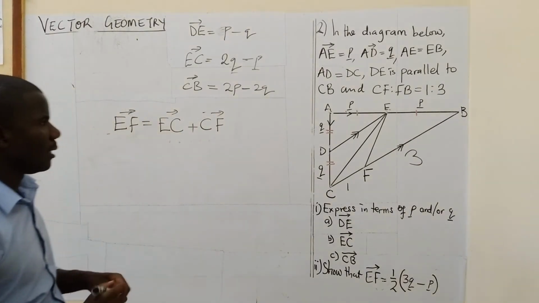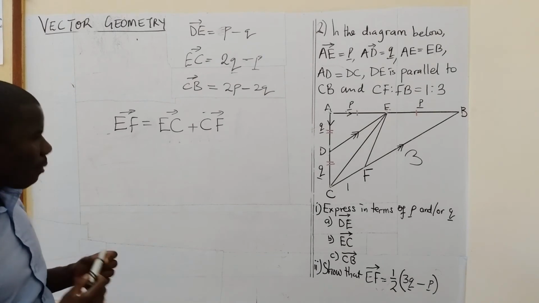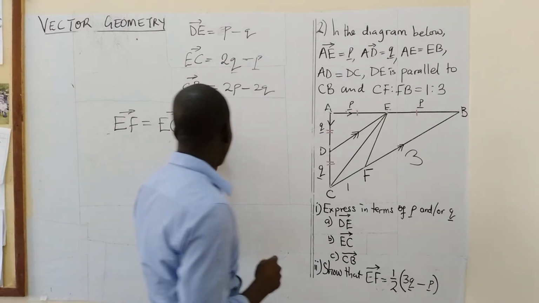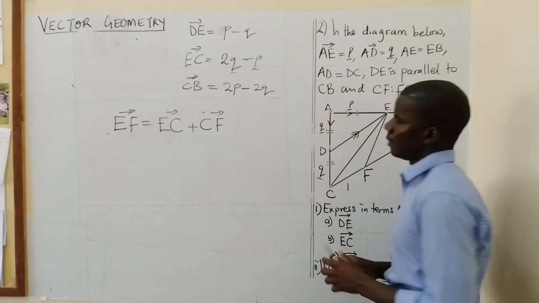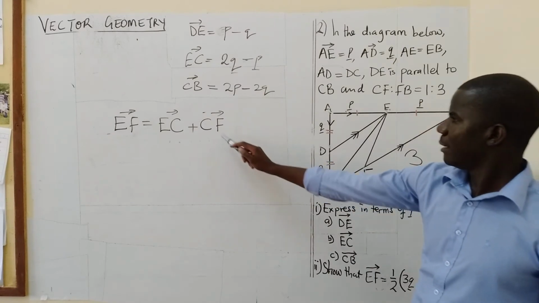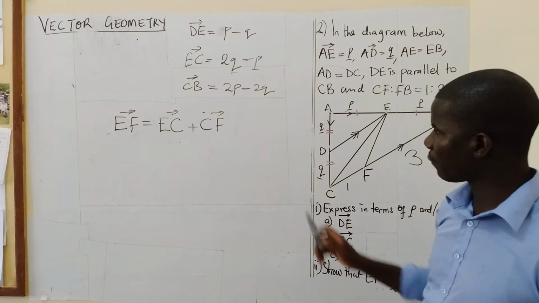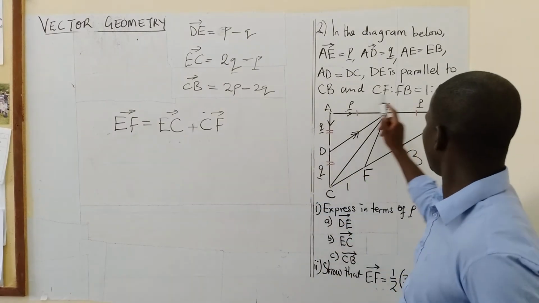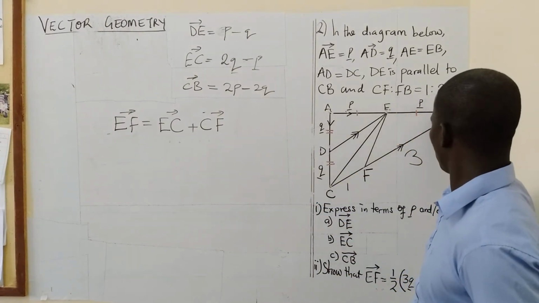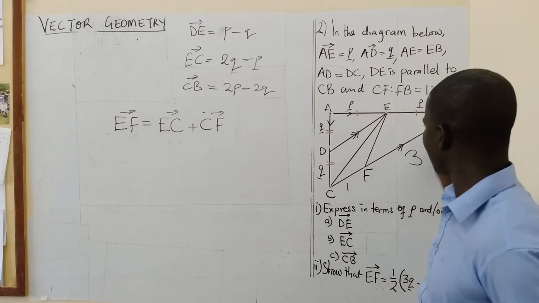Now, I want you to note that the ratio for CF, if you look at the question where we're coming from, is 1 to 2, just like I've written it here.